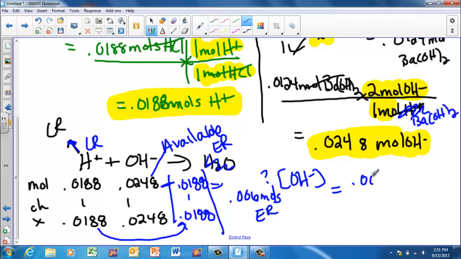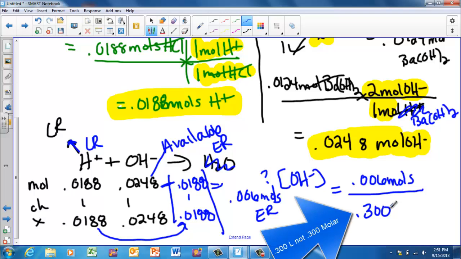Now remember, I'm not quite done. It wants to know concentration, so I have to take those 0.006 moles and divide it by the volume. You'll notice when you read the question, it just says ions left in solution. So all I have to do now is divide it by the new total volume, which is 75 mils plus 225, which is 300, so that's 0.300 molar.